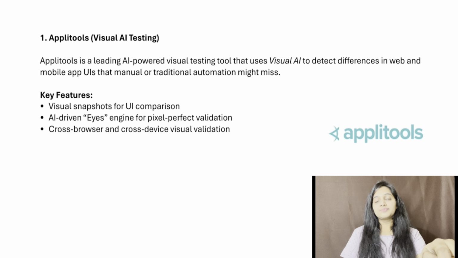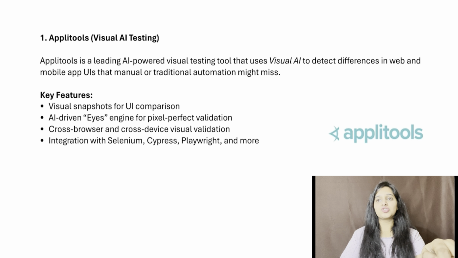It also offers cross-browser and cross-device visual validation. For cross-browser testing, you can test on different browsers and devices as well, and validate by pixel, because it takes the snapshot during the test whenever you write the test, and then it compares during the execution.